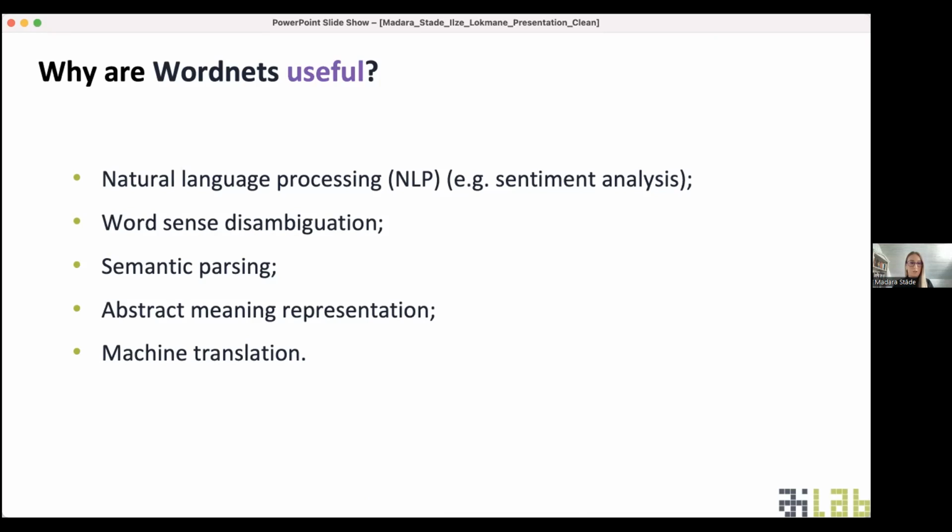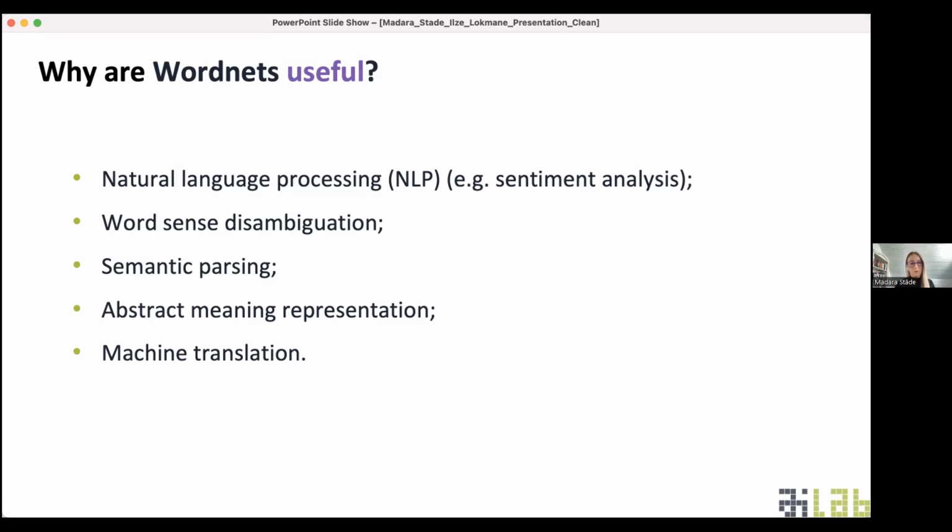You could use WordNets for automatic word sense disambiguation. So instead of having someone manually go through and distinguish word senses, you could actually train an algorithm to do that based on some basic data from a WordNet. You could do semantic parsing, which in more humble terms is just making natural language, turning it into a machine readable form.